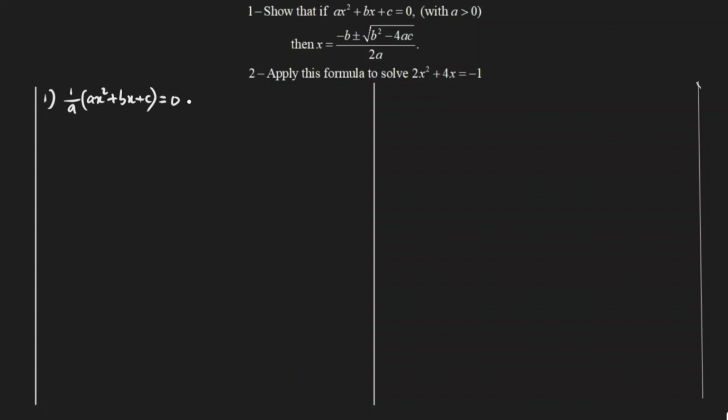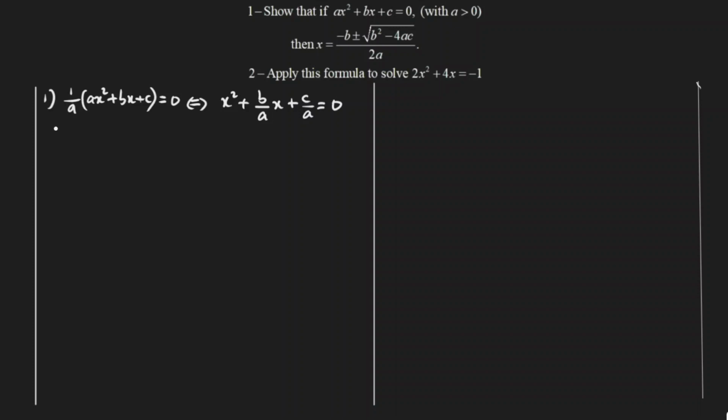This is equivalent to x squared plus b divided by a x plus c divided by a equal to 0.